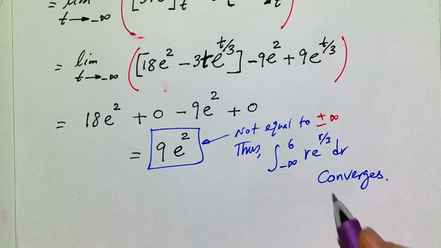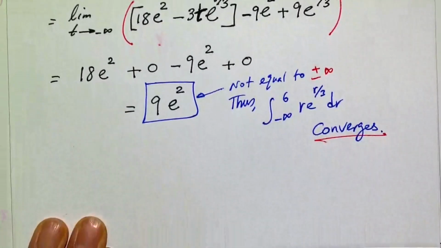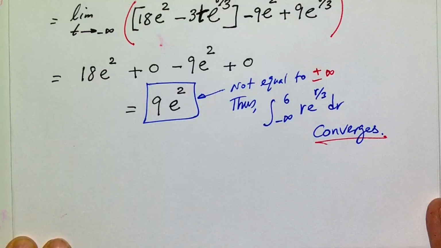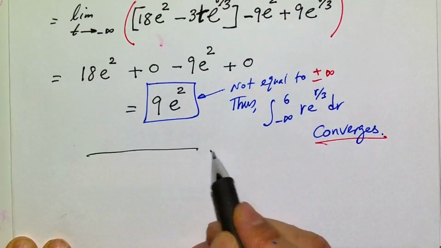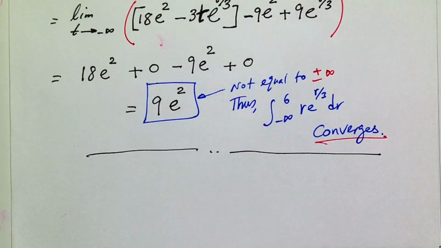We will see cases where it's divergent, but these are the exercises that I picked at random from the end of section 6.6, and they all seem to be converging. But there are cases for sure where the answer will be either positive infinity or negative infinity, and the original integral diverges.